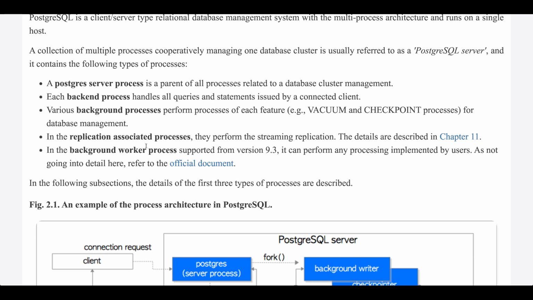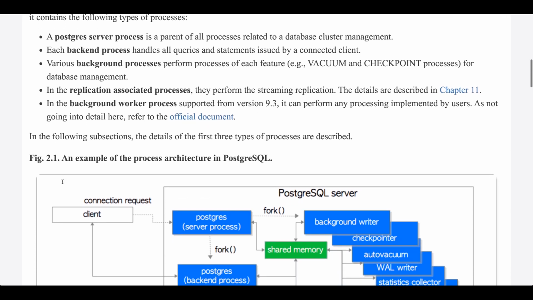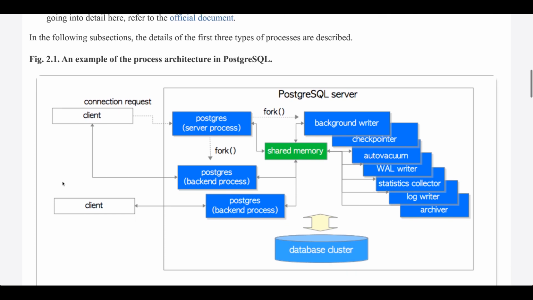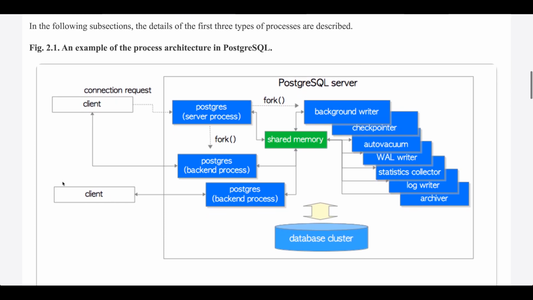In the replication-associated processes, they perform the streaming replication. In the background worker process, supported from version 9.3, it can perform any processing implemented by users. In the following subsections, the details of the first three types of processes are described.